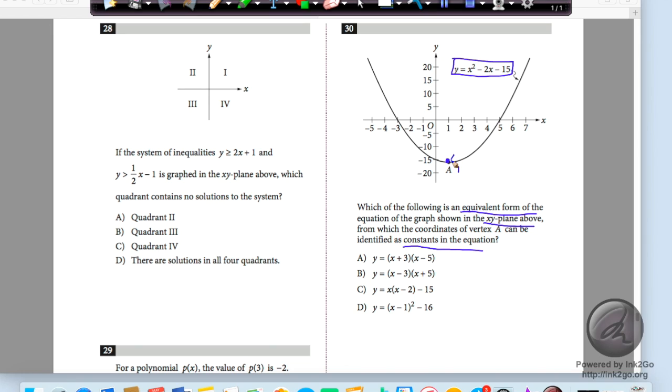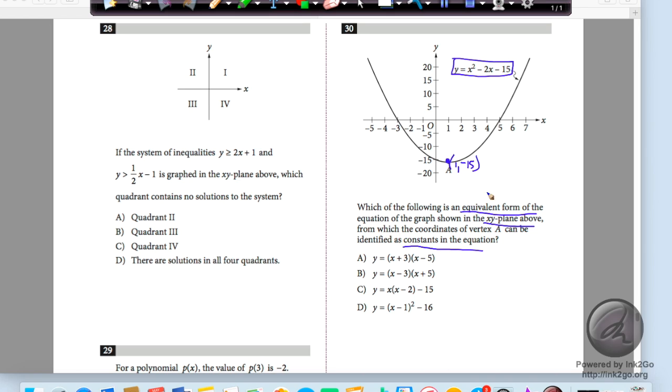So my point here is going to be, let's say, 1 and minus 15, but it could be between minus 15 or minus 16, somewhere in that. The question says, from which the coordinates of vertex A can be identified as constants in the equation?